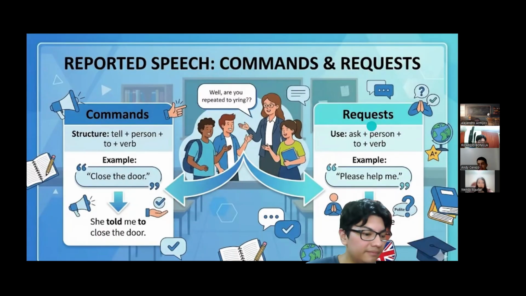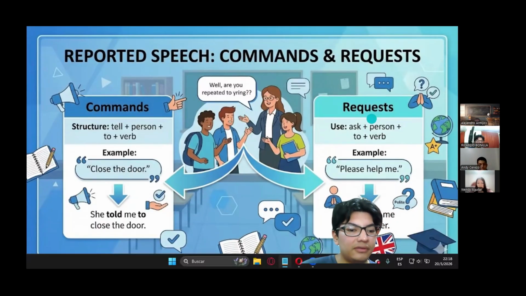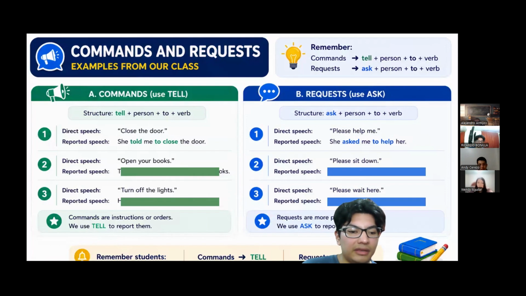Now, example. Close the door. Wendy, can you repeat the subject? She told me to close the door. Perfect. Now, let's compare: close the door and reported speech.